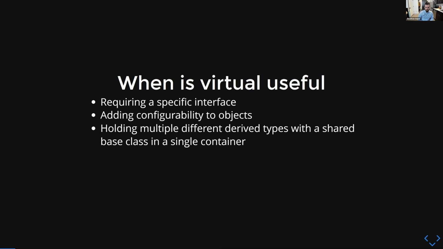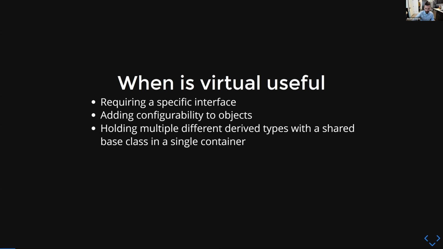And also holding multiple different derived types. So you hold a pointer to base, and then you can have multiple objects of different types in a single container. This sort of thing is particularly common in game development, or at least many years ago.